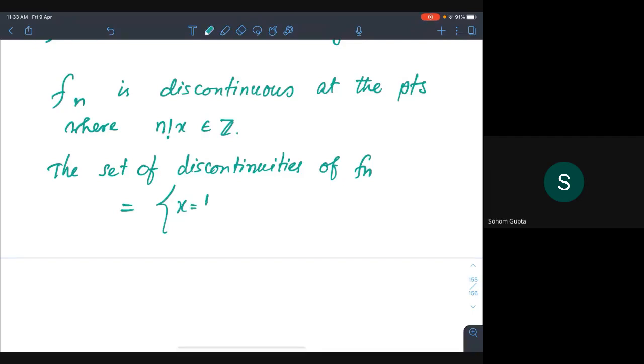If it is not rational, it cannot happen. Let's say x = p/q such that q is less than or equal to n. It should cancel with n!, so q must be less than or equal to n. This is in Q intersection [0, 1]. Is this clear?